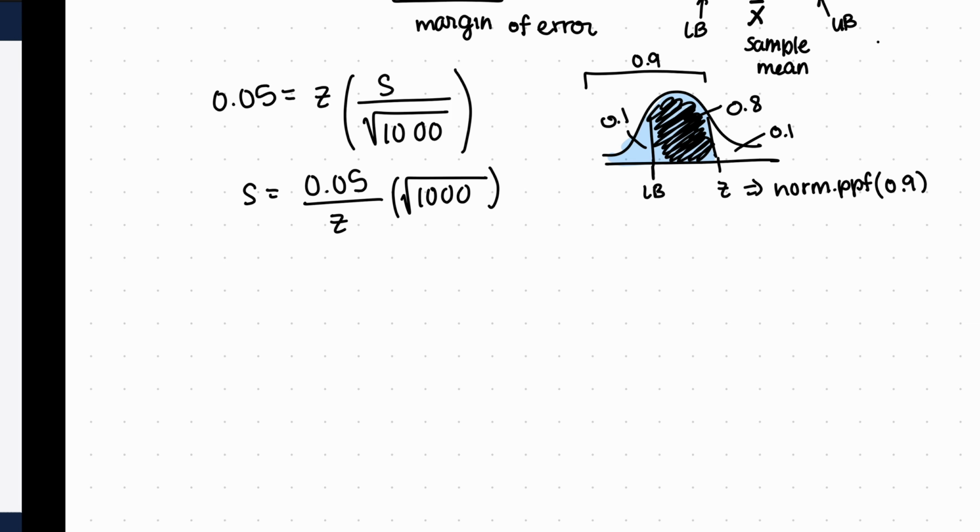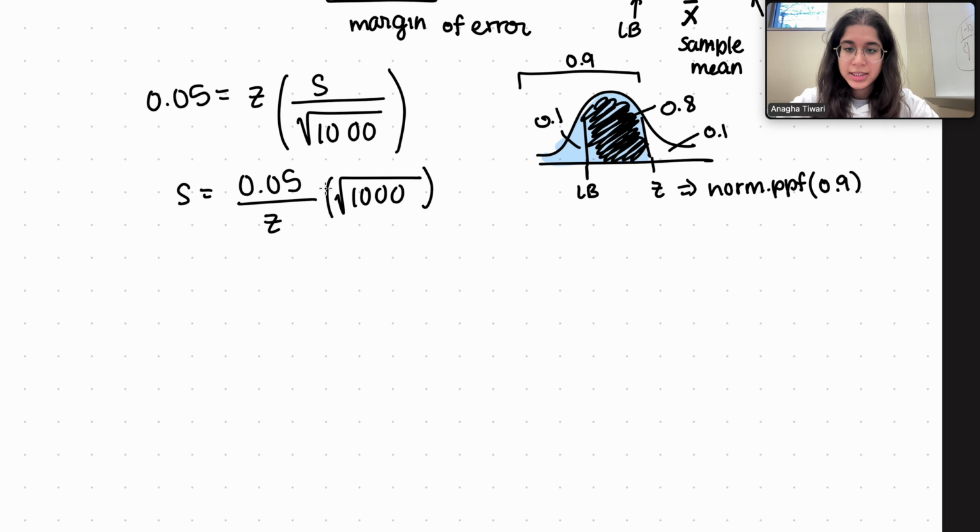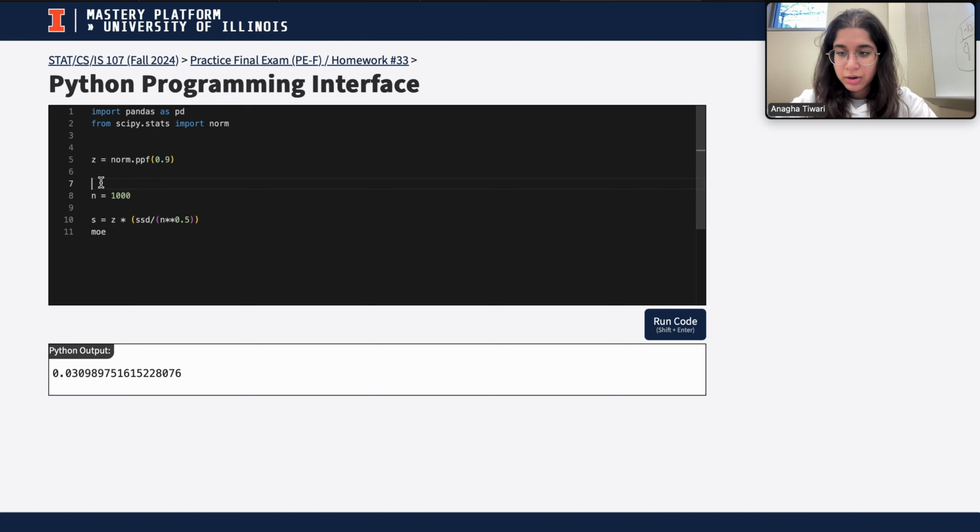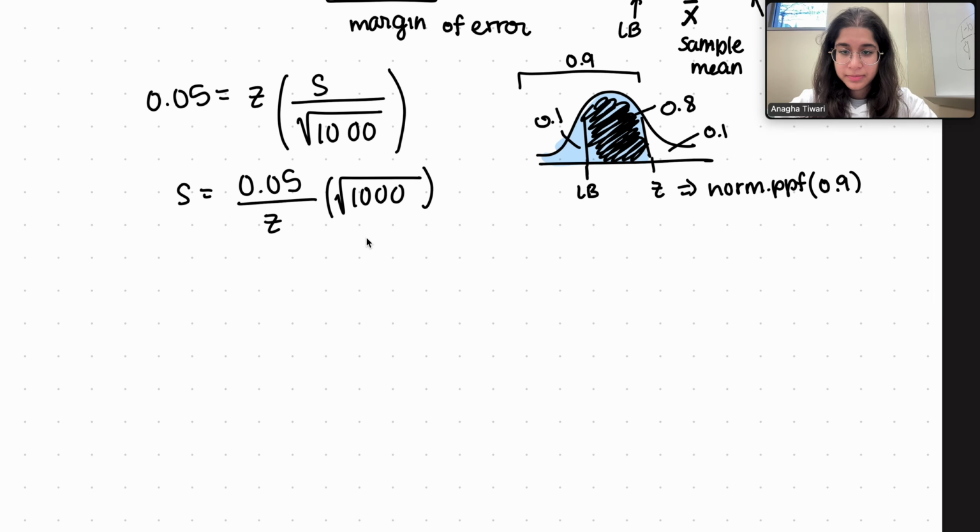So we had our sample standard deviation is 0.05, which is our MOE, divided by z times square root of n. So I'm going to store my margin of error in a variable for 0.05. So s is going to be 0.05 times our square root of n divided by z.